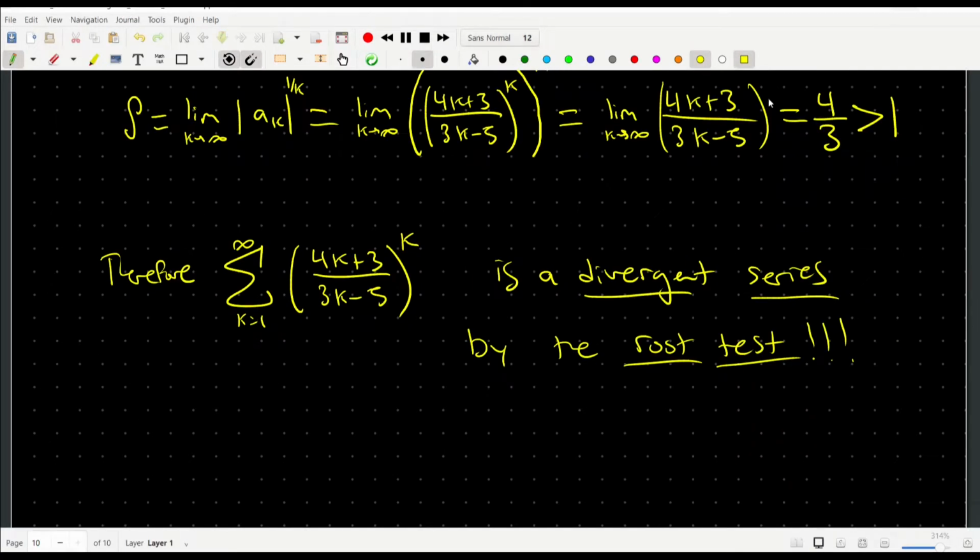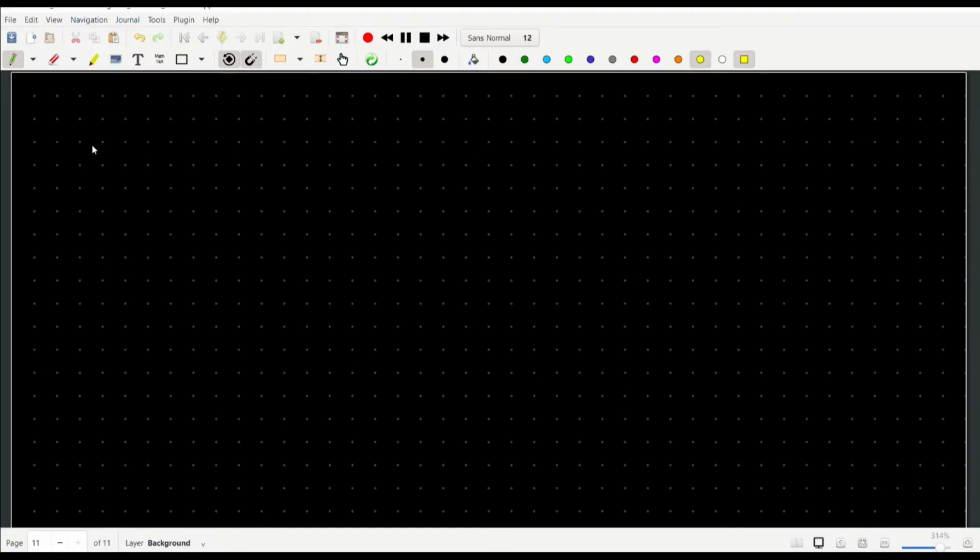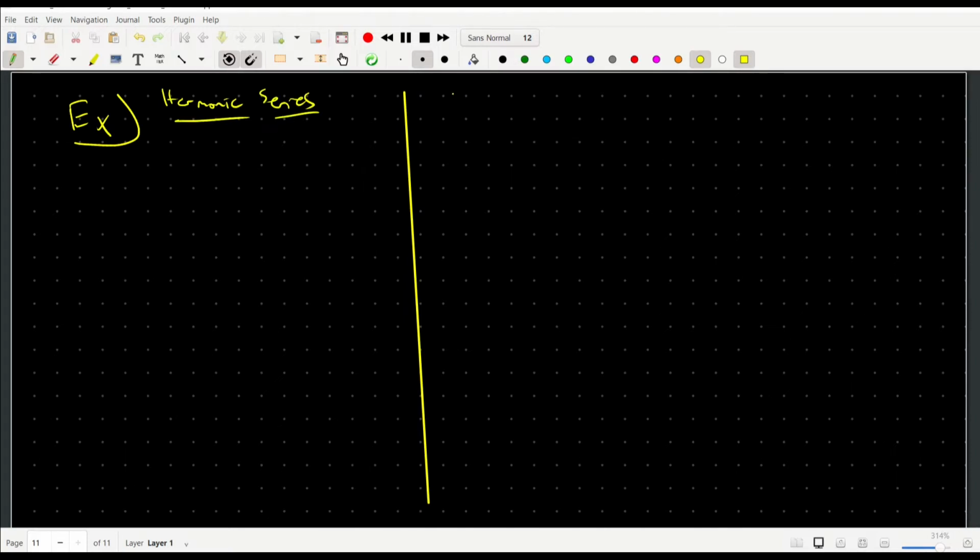So I want to do one more example, and I'm actually going to do the same example that I did at the end of the ratio test discussion, where I'm going to compare two separate series whose convergence state we know: the harmonic series, and the p series with p equal to 2.